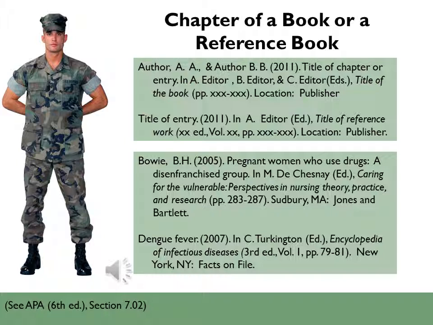The entry is found in volume 1, and it's on pages 79 to 81, and it is a print source, so you just follow up with the location and then the publisher's name. So it's very important that when you are documenting either a chapter of a book or a reference book, that you indicate either the author's name. If the author's name does not exist, then you begin your citation with the title of the chapter or the title of the work. For more information, you can go to section 7.02 in your APA manual.